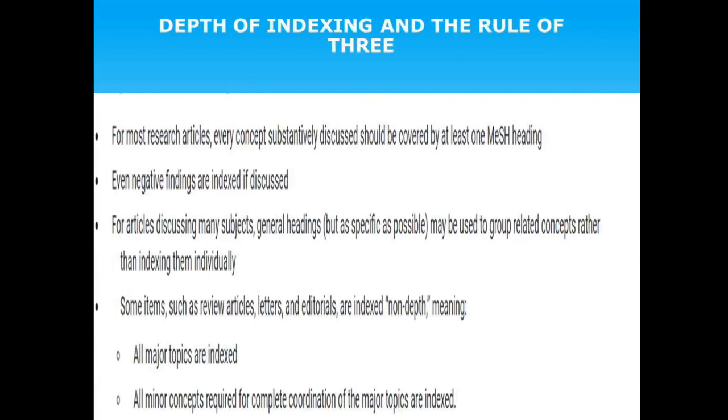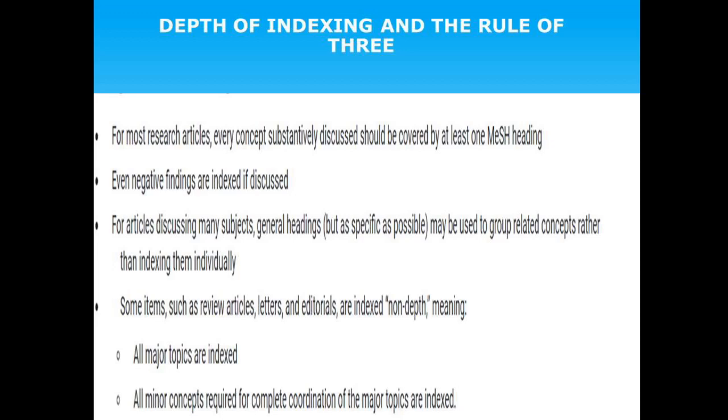So, depth of indexing and the rule of three. For most research articles, every concept substantially discussed should be covered by at least one MeSH heading. So whatever the article the indexer is going to index, I told you MeSH headings have a predefined list of controlled vocabulary terms that can be effectively used to represent the document.